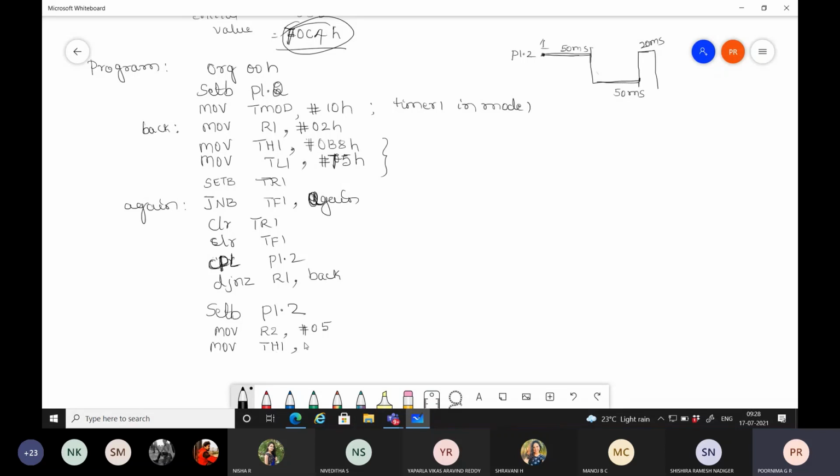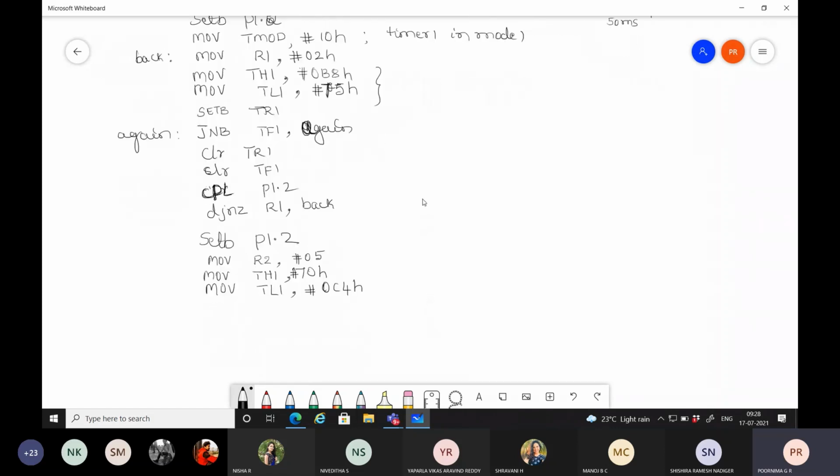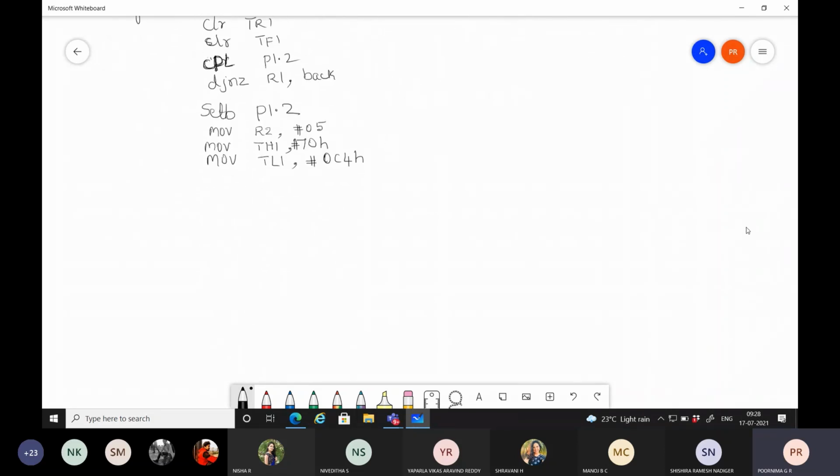So that value you need to move on to TH1 and TL1. So hence move TH1 with #70H, and then move TL1 with #C4H. Next, what should be done in the program? What is the next instruction?